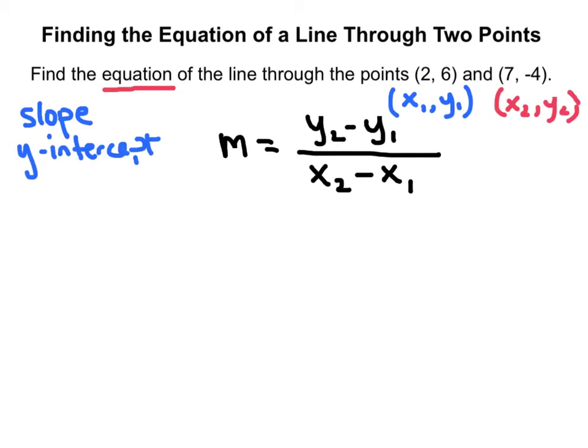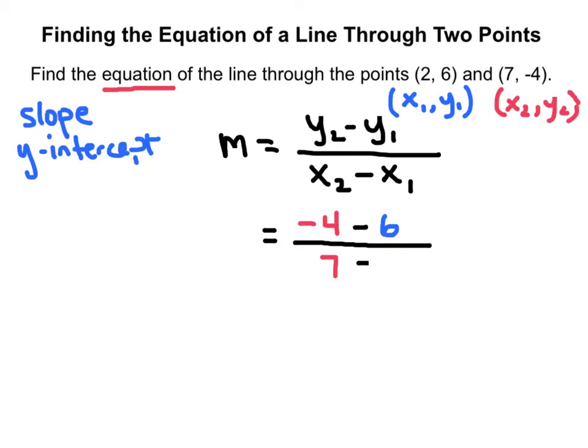From here, we just plug into the slope formula, being consistent as to what numbers we plug in. y2 is -4, minus y1, which is 6, over x2, which is 7, minus x1, which is 2.